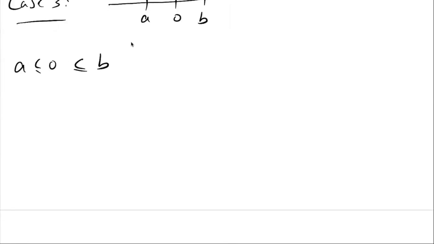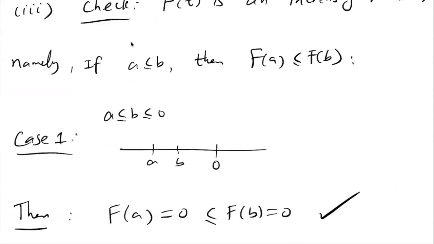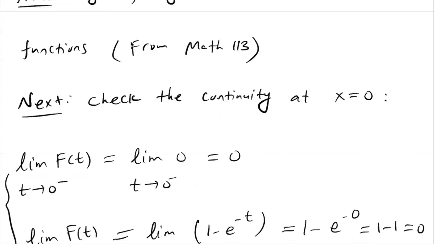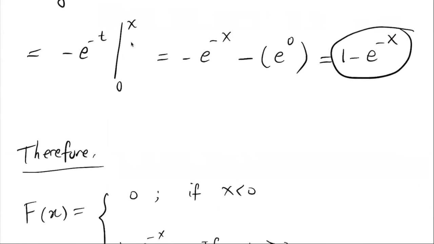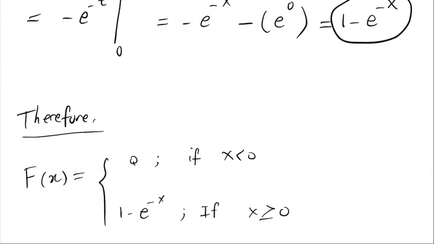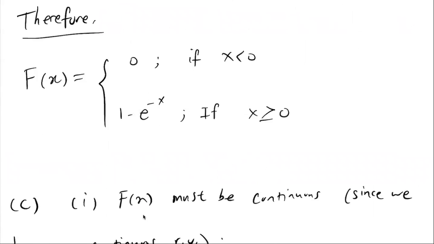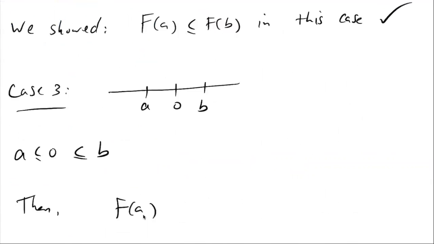So in this case, then we can say that for a less than 0, what is capital F of a? Capital F of x, for x less than 0, we said it's 0. So capital F of a will be 0, and b is bigger than 0, so capital F of b will be 1 minus e to power minus b.